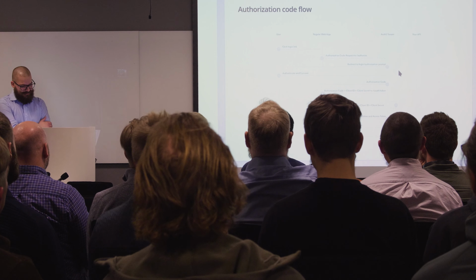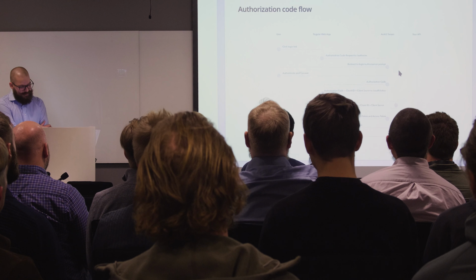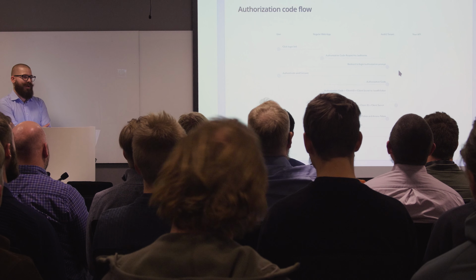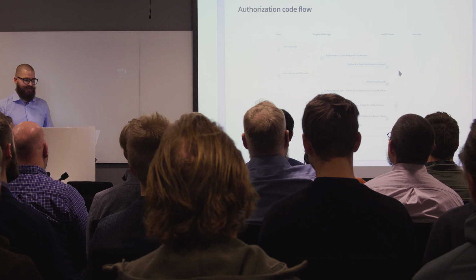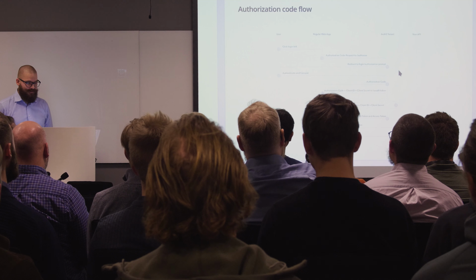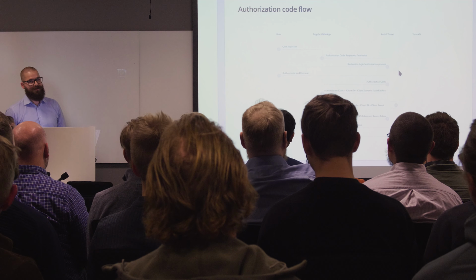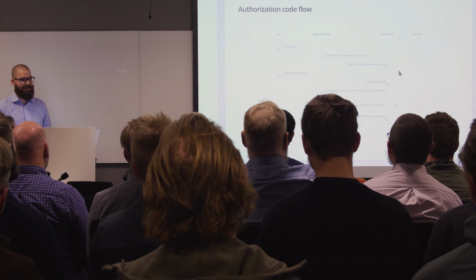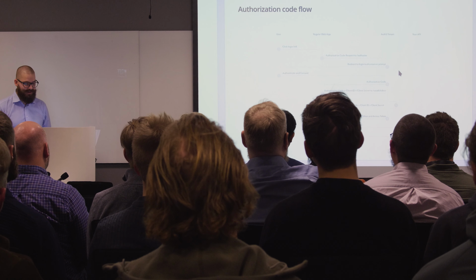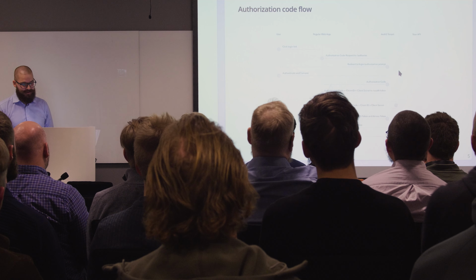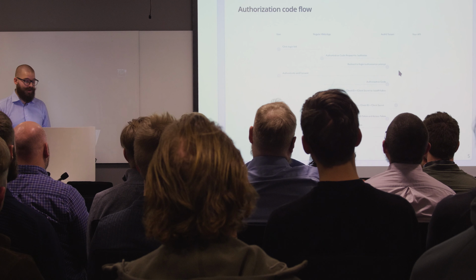Yeah, all right. So I'm not going to go through all the ways you're able to use OpenID Connect or OAuth, but perhaps the most common one is the authorization code flow, where the client gets a code and is able to exchange it with the server, and it receives a token.